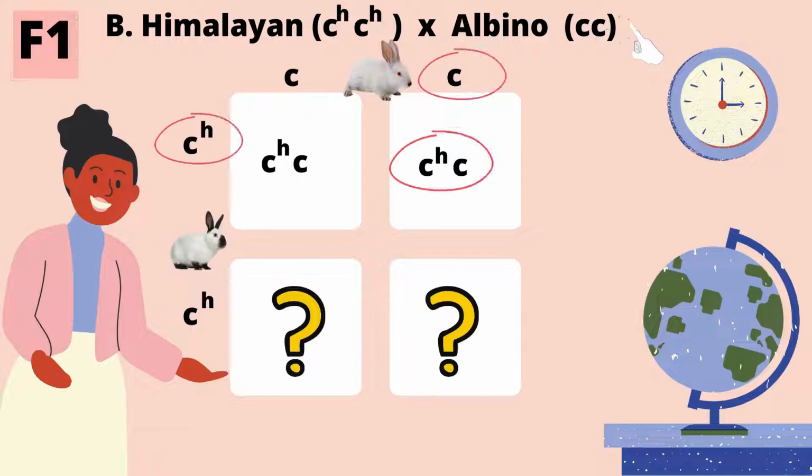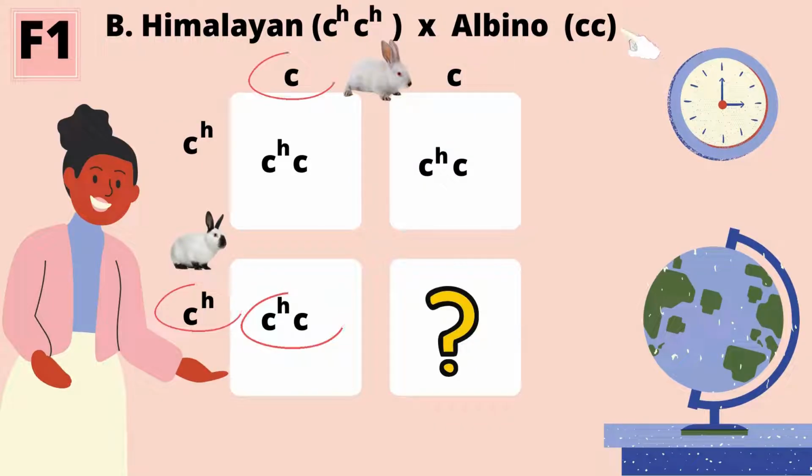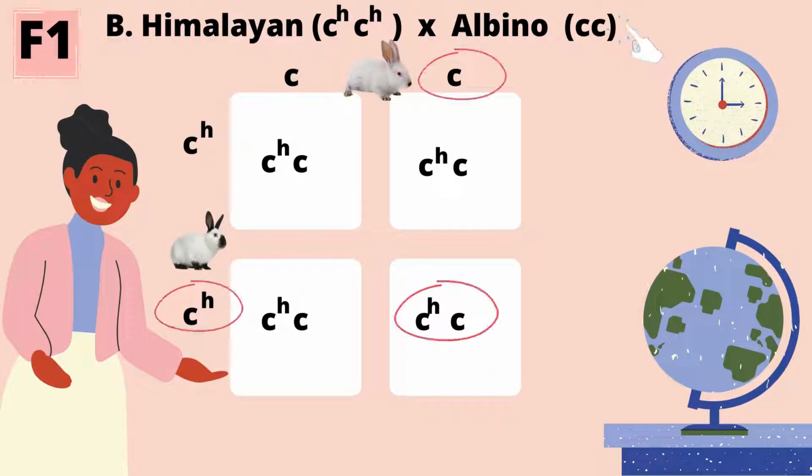Next, do the same. We have lowercase c with superscript h and small c. On the third square, we have lowercase c with superscript h and small c. And last, lowercase c with superscript h and small c.